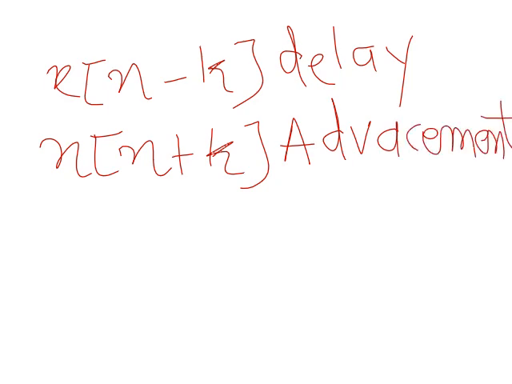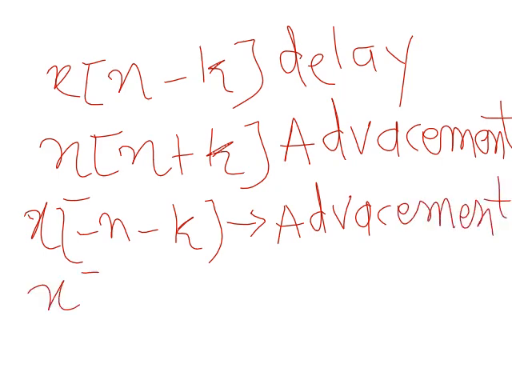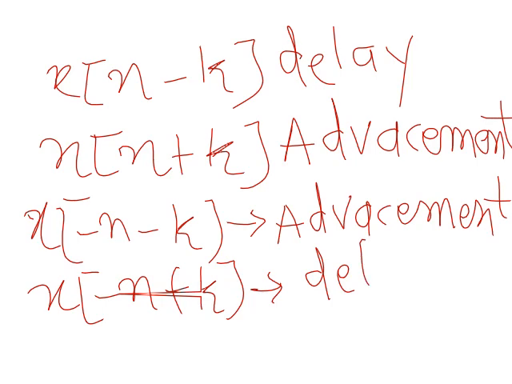Okay, and x of minus n minus k, very important: this is not delay, this is advancement. And x of minus n plus k, that is delay. This is very important.